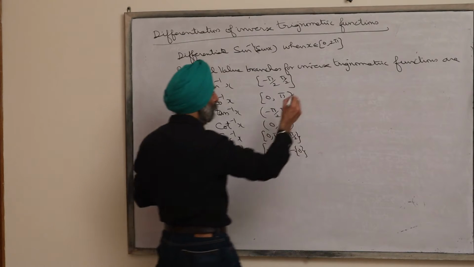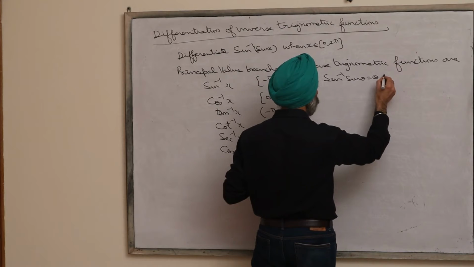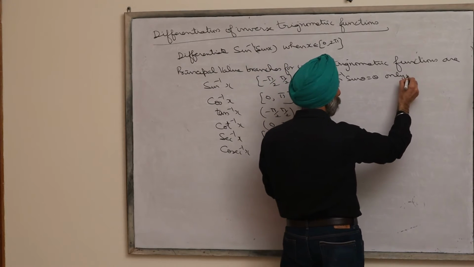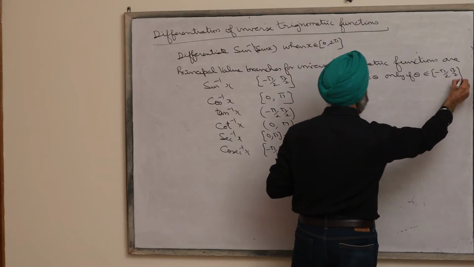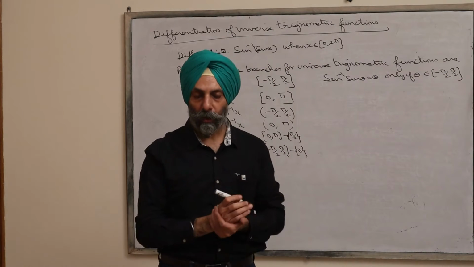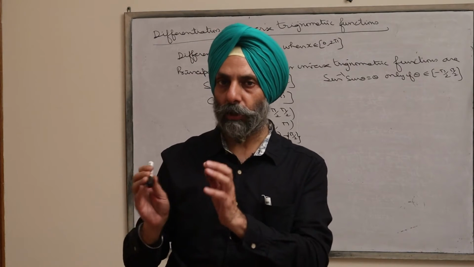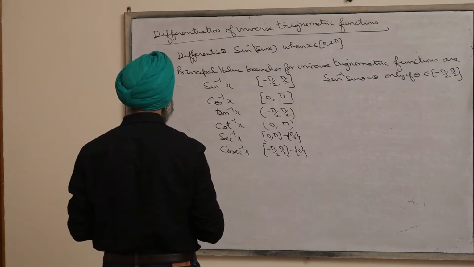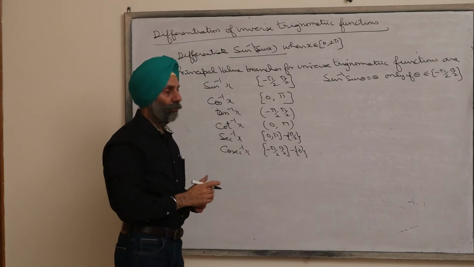So sine inverse of sine theta is equal to theta only if theta belongs to the principal value branch, that is minus pi by 2 to pi by 2. And the same is applicable for each and every inverse trigonometric function. Now the question is to differentiate this.